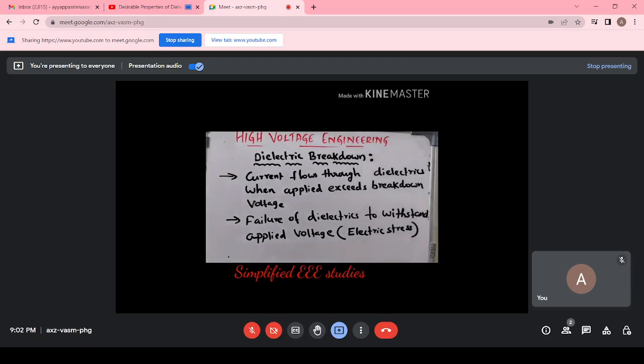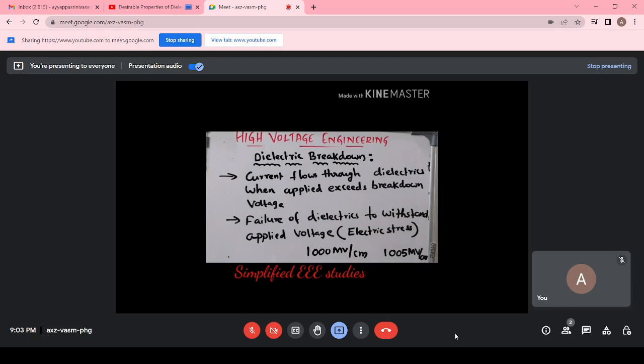For example, the breakdown strength of the material is 1000 megavolt per centimeter. Suppose I apply 1005 megavolt per centimeter. At that time, what will happen? The entire property of that material gets spoiled.